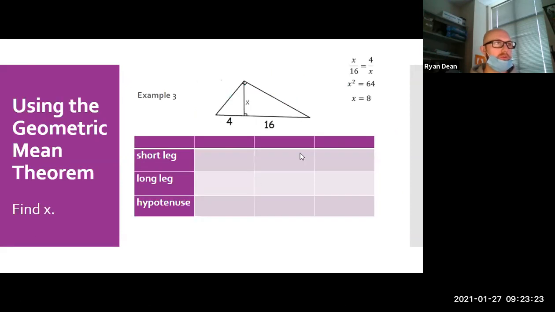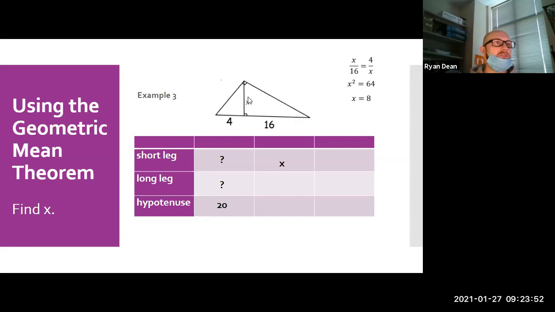Okay, so here's an example that we will work through. Our goal here is to find X. So this is how we use the table. We don't know what the short leg and the long leg is for this large triangle here, but we do know what the hypotenuse is. It's 20.